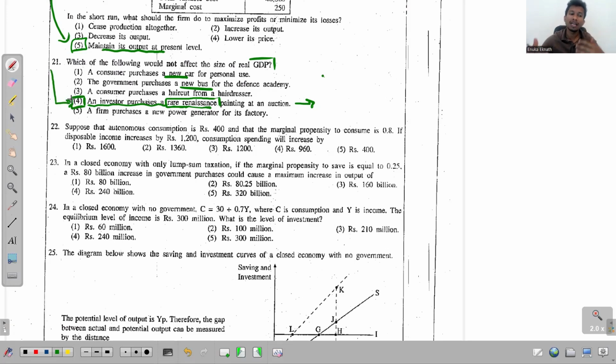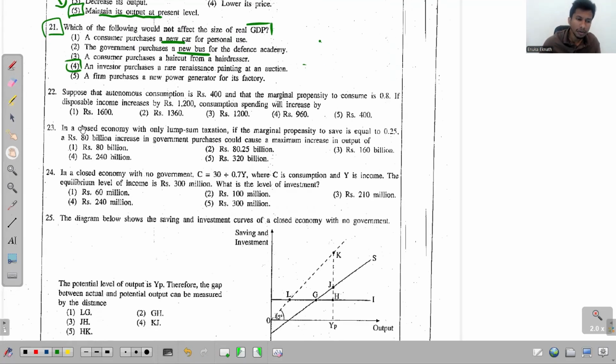The reason we don't consider this purchase when calculating GDP is that it's a purchase of a used good. Then the answer is the fourth one, but we will go through the fifth one as well. A firm purchases a new power generator for its factory. Once again, it's a new power generator, so it adds value to the economy. And the answer for this question 21 is the fourth one.